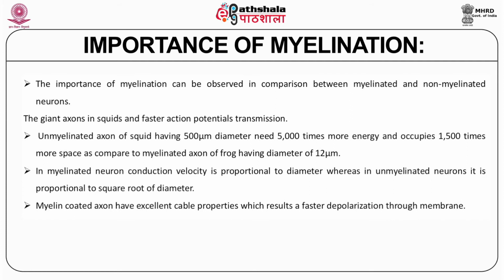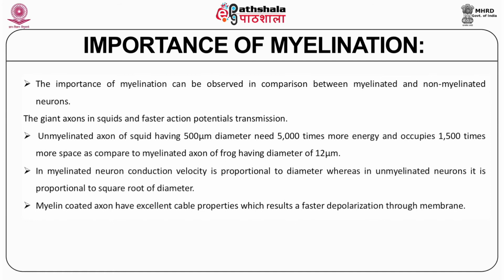The unmyelinated squid giant axons have a 500 micrometer diameter, use 5000 times more energy, and occupy 1500 times more space as compared to a myelinated axon of a frog having a diameter of 20 micrometers. So we find that non-myelinated neurons require a large area and more energy to perform the same function that can be done with myelination using less energy and a small, compact region.